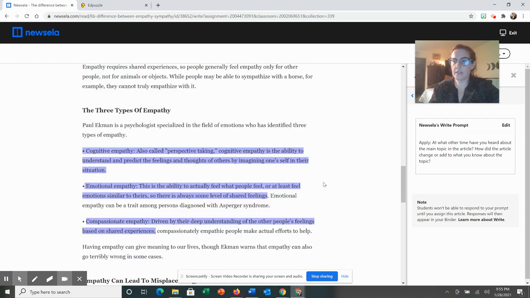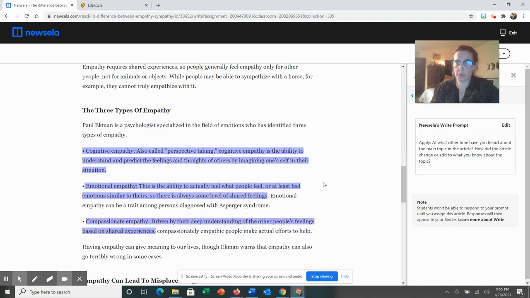And then there are the different levels of empathy. Cognitive empathy, or perspective taking, is understanding and predicting the feelings and thoughts of others by imagining yourself in their situation.